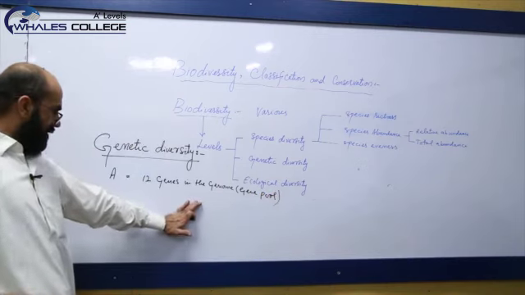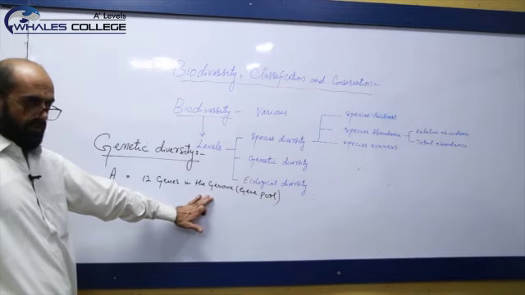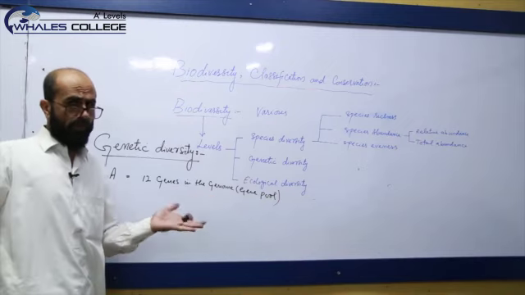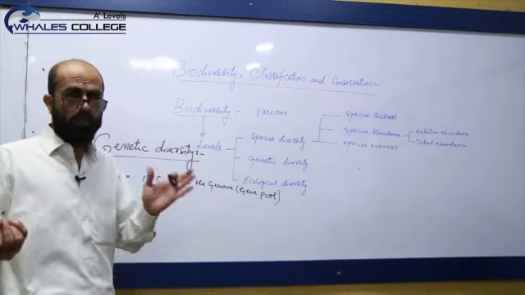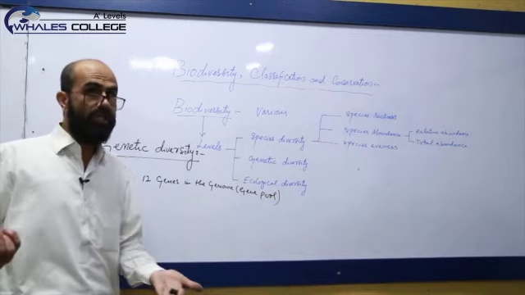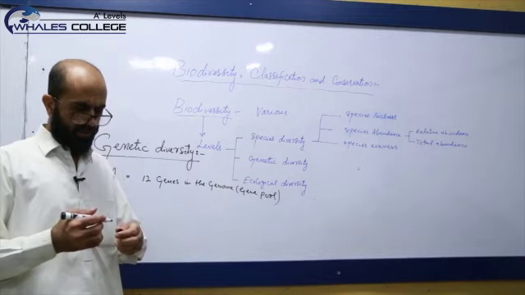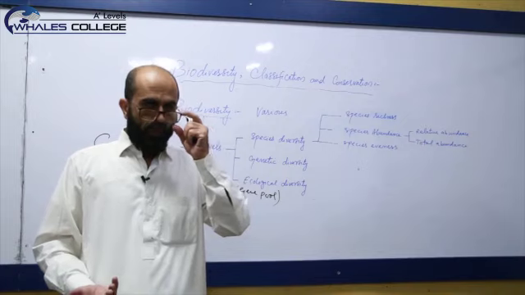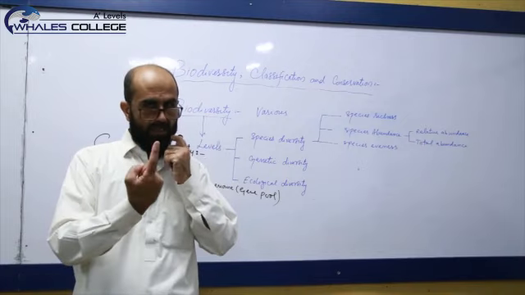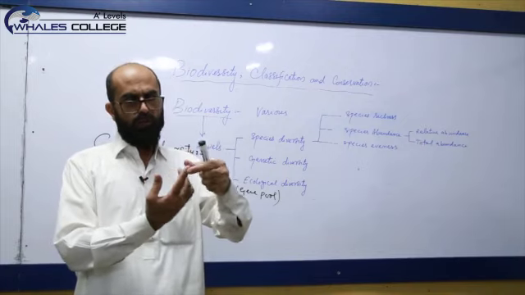So species A has 12 genes. We are not talking about the chromosomes. There might be 6 chromosomes, 5 chromosomes, 3 chromosomes. We are talking about the total number of genes. Like imagine as a human being, suppose chromosome number 1 has 50 genes.